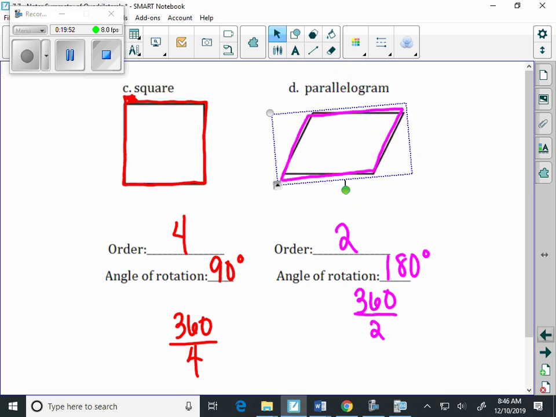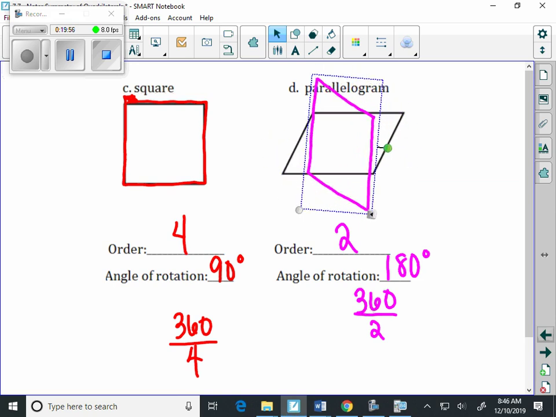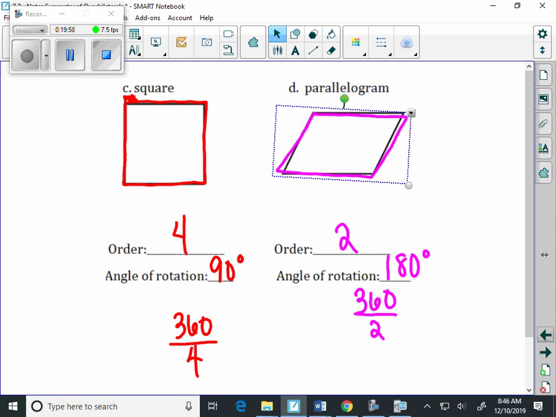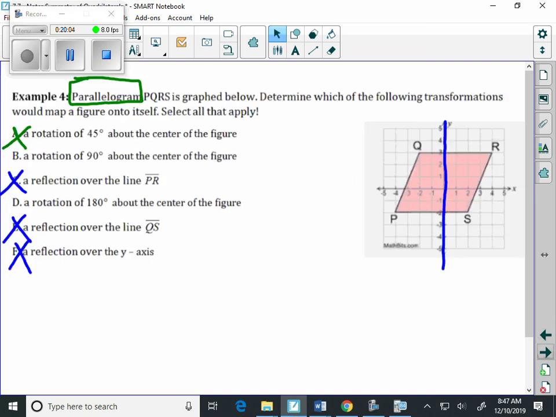It doesn't work for 90, but it does work for 180. There's 270, and then there's 360, full circle. But it takes us 180 degrees to rotate. So that helps us answer this question. It's not going to be 90, and it is going to be 180. It does say select all that apply, but this one happens to only have one answer, and that's allowed.